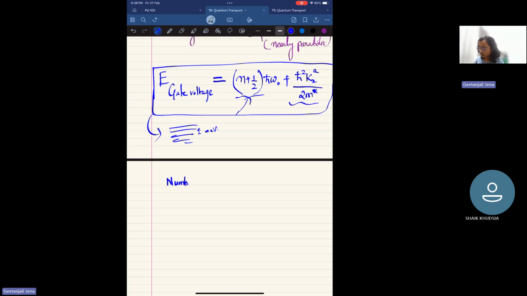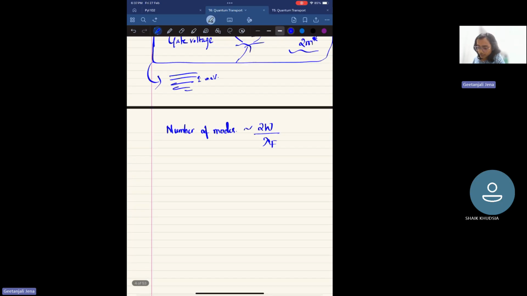The number of modes supported along the constriction direction, if we recall, is given by 2W/λF. W is the width of this constriction, and λF is the Fermi wavelength that you need to calculate by taking the 2D electron gas relation. So this is the overall effect.